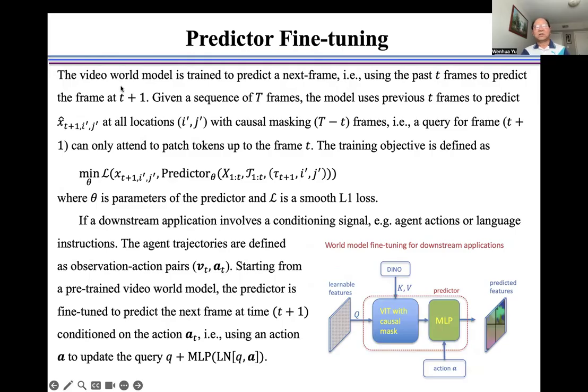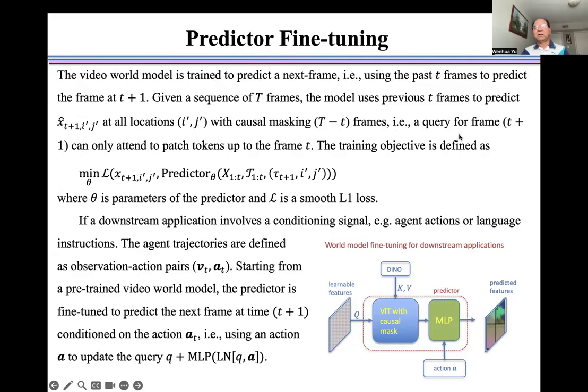The video world model is trained to predict a next frame, namely using the past t frames to predict the frame at t+1. Given a sequence of T frames, the model uses previous t frames to predict x hat t+1, i prime, j prime at all locations i prime and j prime with Gaussian masking of capital T minus t frames.